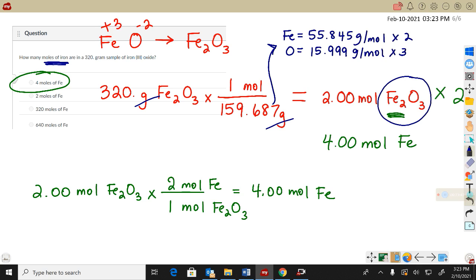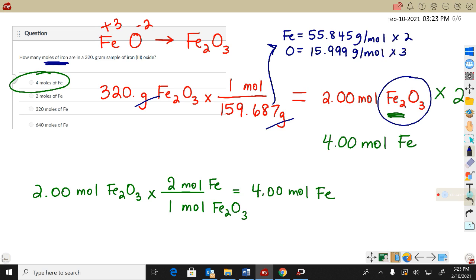Well, if I have 2 moles of iron oxide molecules, then I can multiply by 2 and get 4 moles of iron. Just the iron. So I'm looking at the ratio of iron in that formula. There's 2 of them. Now another option would have been to set up some proportions. You can use this proportion method for all kinds of conversions.